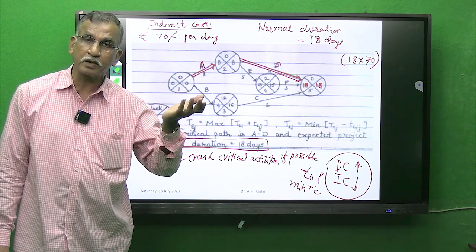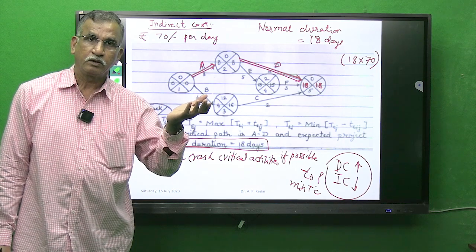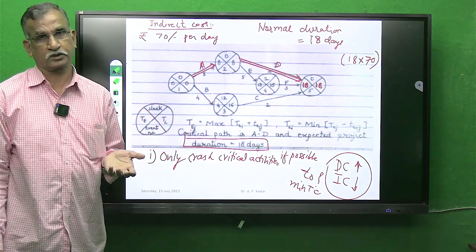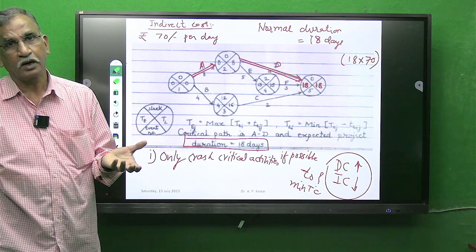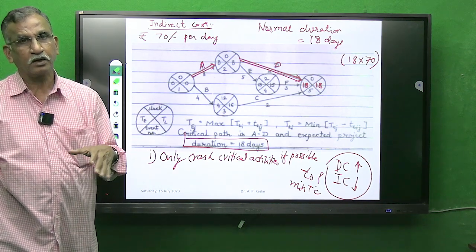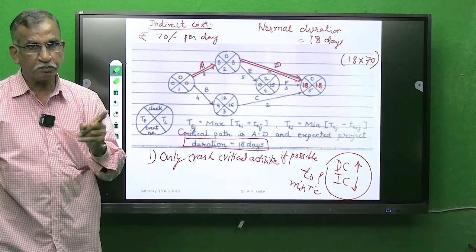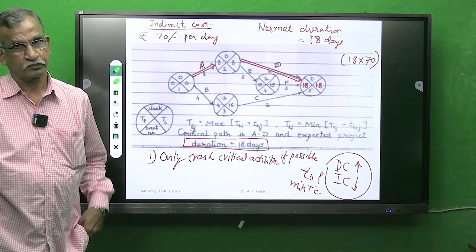On the contrary, you are adding burden to the project by performing a non-critical activity at a faster pace, which is useless. So, very important point, only crash critical activity. First point.